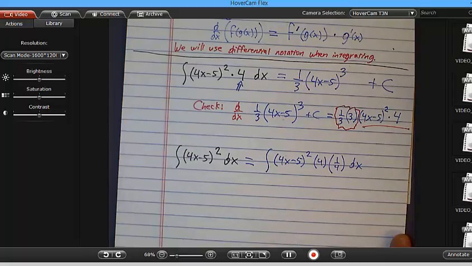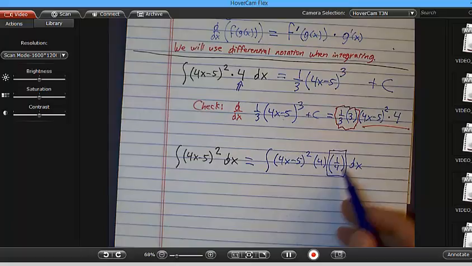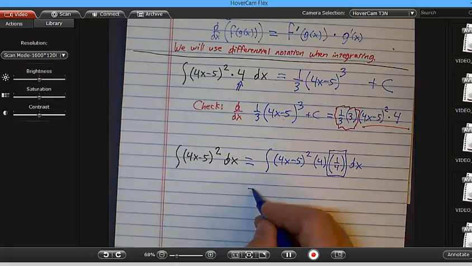Are you with me? I'm allowed to do that. And then what I'm going to do is I'm going to say, oh, when you take the derivative of a constant in front of a function, remember how you can just ignore the constant if you want to? Well, this is a constant that's kind of bothering me. So I'm going to ignore it and put it out front.